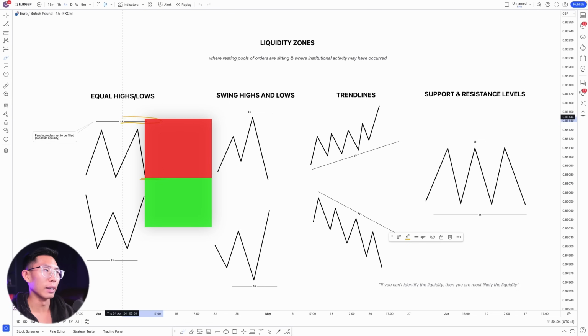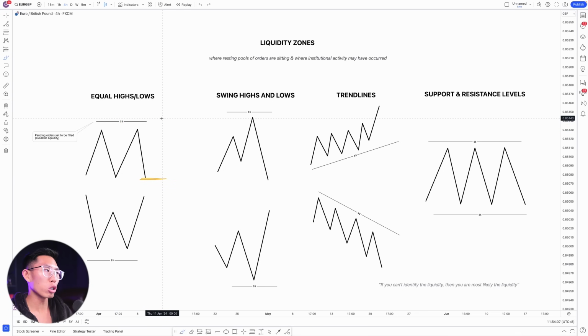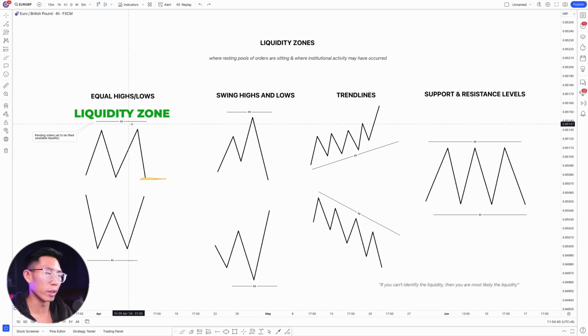And this gives us liquidity. And there will also be breakout traders who will place their pending buy orders right here, so that if price eventually breaks above these highs, they will be triggered to enter for a buy order. So you can see buy orders right here, there are also stop losses right here for the sellers. And both of that give us liquidity at this area right here, your liquidity zone.